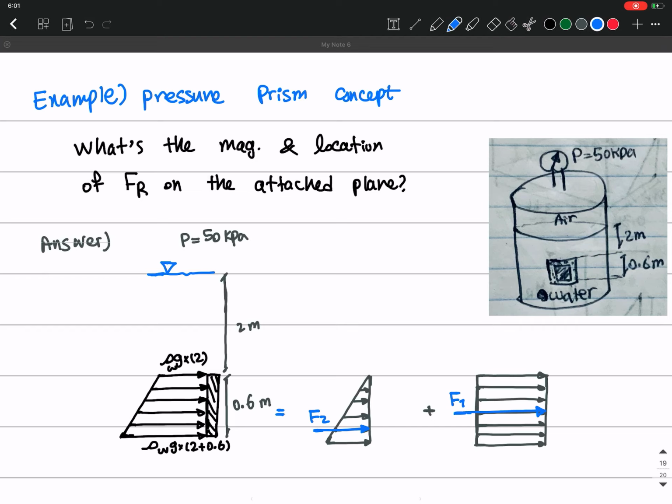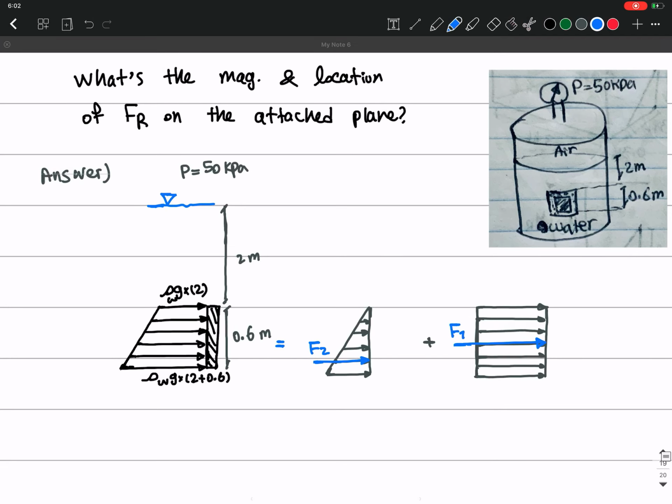Okay. So let me start. So what is the value of F1? The magnitude of the F1. F1 is just the value of the force up to here, right? So this equals, okay?